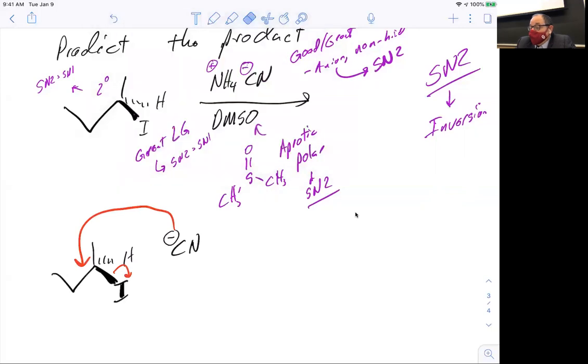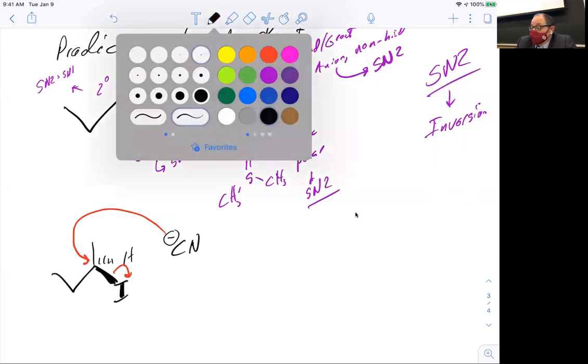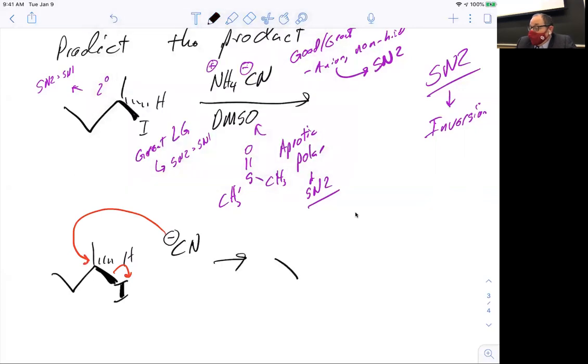Let me redraw that. And we get an inversion of that stereo center. And the way we can show that is just by moving the hydrogen forward. So we can think about it as kind of an umbrella flipping, right? You've got an umbrella, it's Oklahoma, you've got a strong wind, and the umbrella flips the other way.